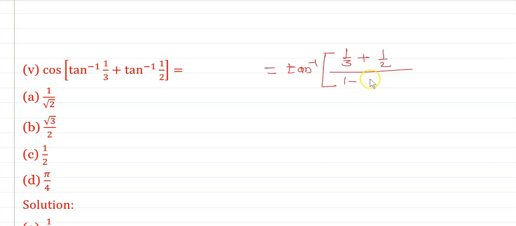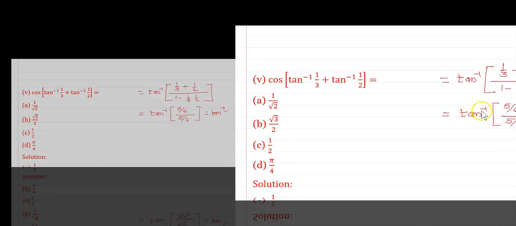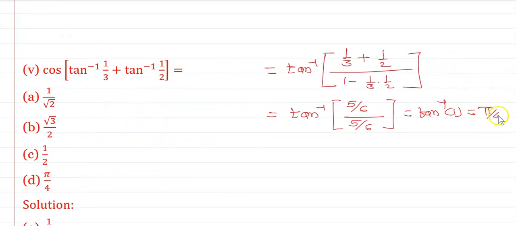That is 1 minus 1 by 3 into 1 upon 2. For the exam you will have to do very fast calculation here. That is tan inverse of. If we simplify this, then you will get 5 upon 6, and here also 5 by 6, means what? Tan inverse of 1. Okay, but what is the value of tan inverse of 1?